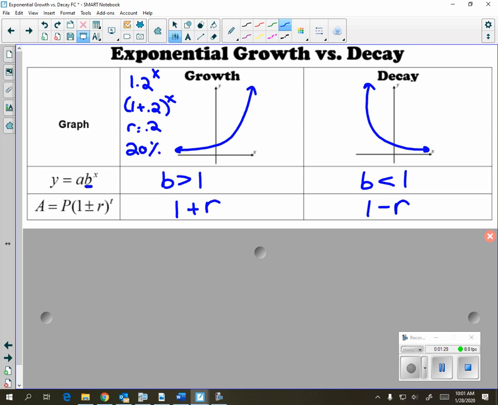If I have 0.8 to the x, then I can rewrite this as 1 minus, think about if you're starting at 1, how much are you going down by to get to 0.8? That would be 1 minus 0.2 to the x, so that your rate is 0.2. So in this case, you are decreasing by 20%.